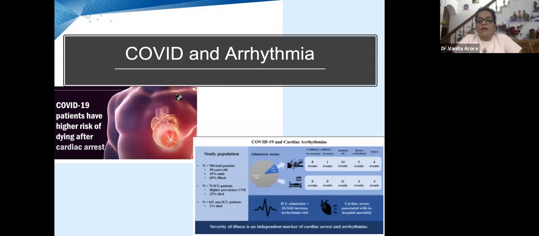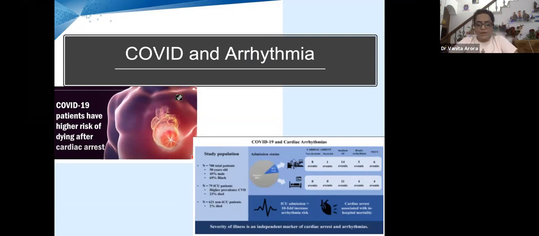And you also have to know that once the patient is stable and discharged from the hospital, the patient can still have sudden cardiac arrest.